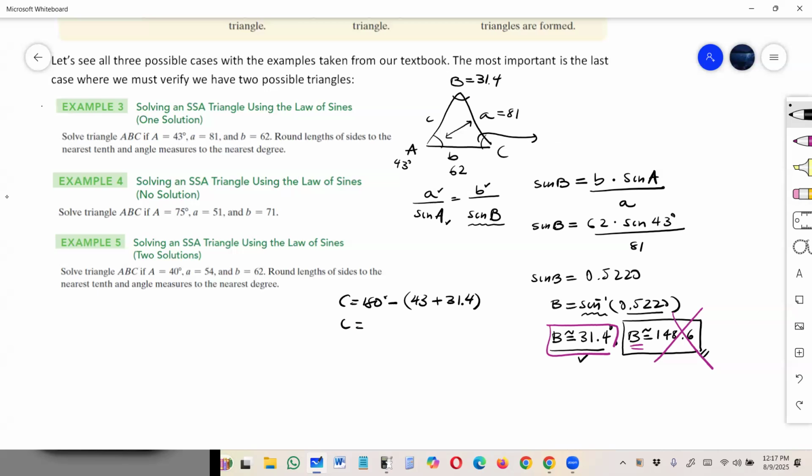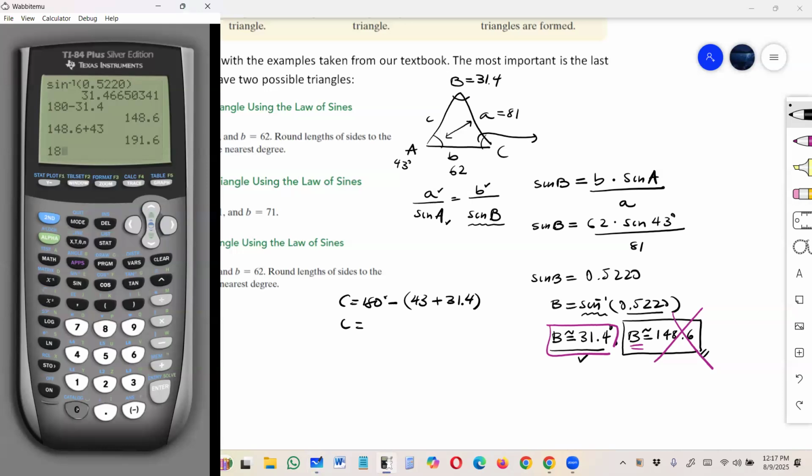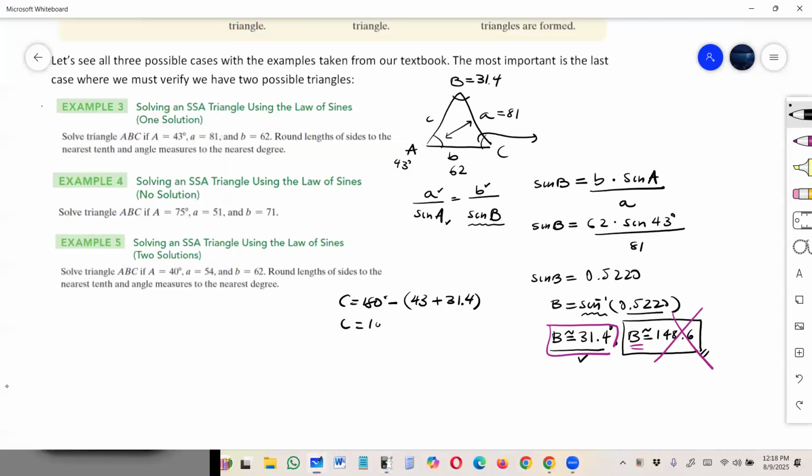So let's find that first. 180 minus 43 minus 31.4. Now, don't really worry about how many decimals you have to do. One or two decimals is sufficient. So 105.6. So this is my angle C. So I found all of the angles. I have A and B. All I have to do now is C.